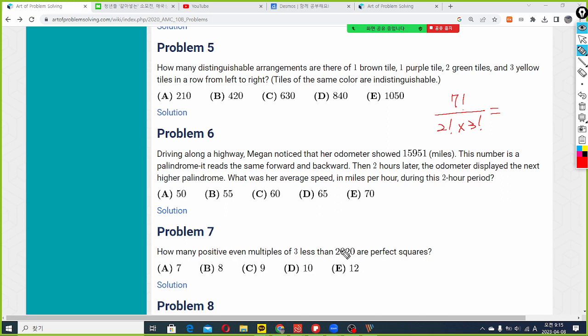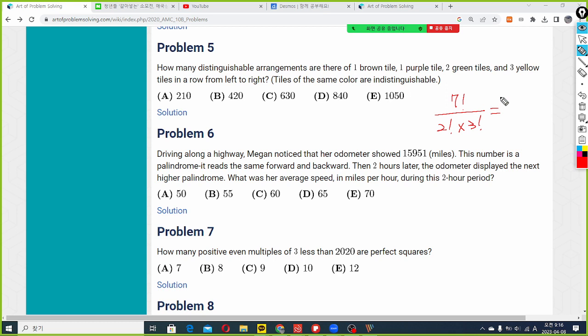Am I allowed to use a calculator? Yep, you can try. I got 3780.